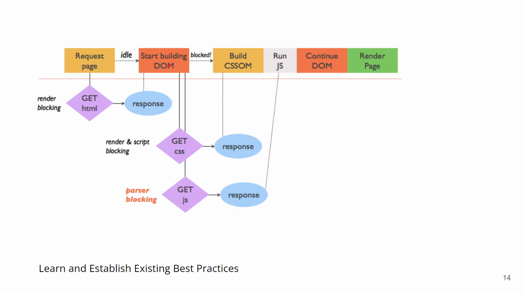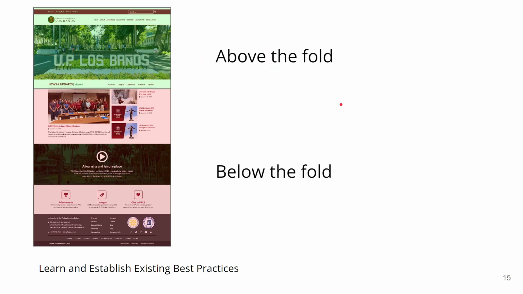Now, if you put the JavaScript on the top, it will block the building of the DOM for rendering the content, and get the JS response, run the JS, continue the DOM, and render the page. So this is sort of a bad way of loading the page.